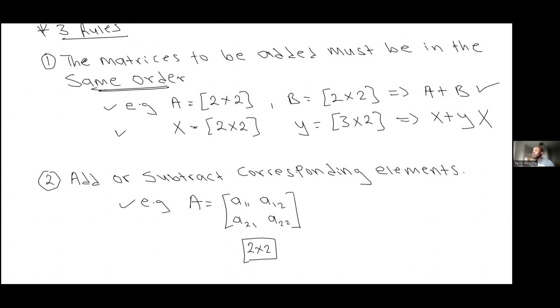Then we have B, with B11, B12, then B21 and B22. That's another 2 by 2 matrix. So in this case, both of them are in the same order, so we can add them.